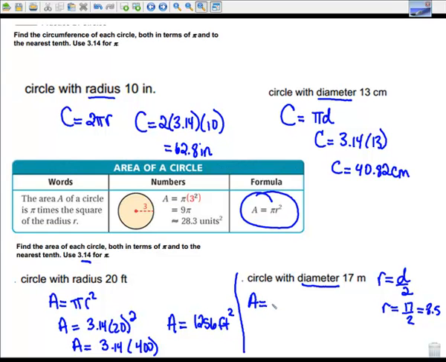So my area is pi r squared, 3.14 times 8.5 squared. Eight and a half squared is 72.25. There we go. 3.14 times 72.25.